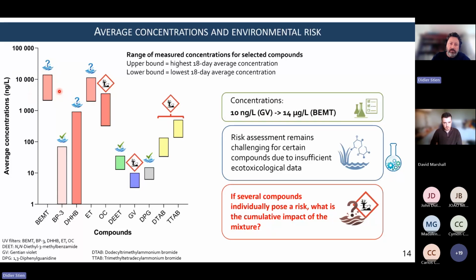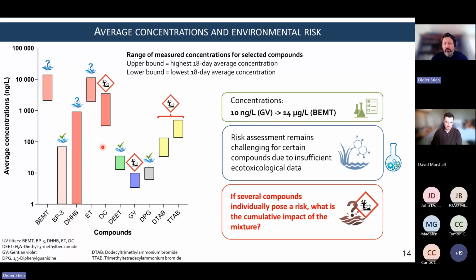And the question is whether these compounds at this concentration pose a risk to the marine environment. And the answer is we don't know for those 3 that are at the highest concentration. They are UV filters, but there is really insufficient ecotoxicological data on these compounds. So it's really urgent to see if at this concentration, these compounds might have an impact on marine life.